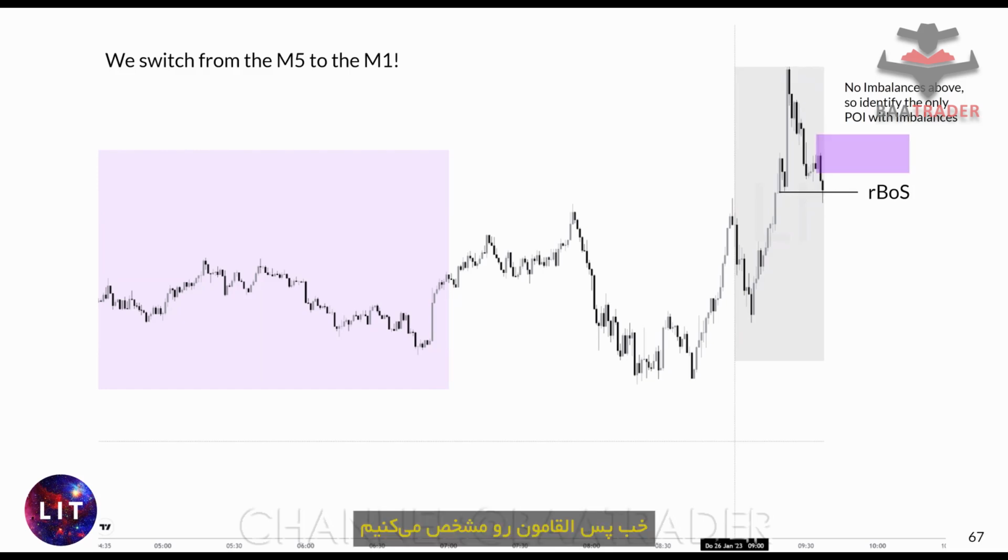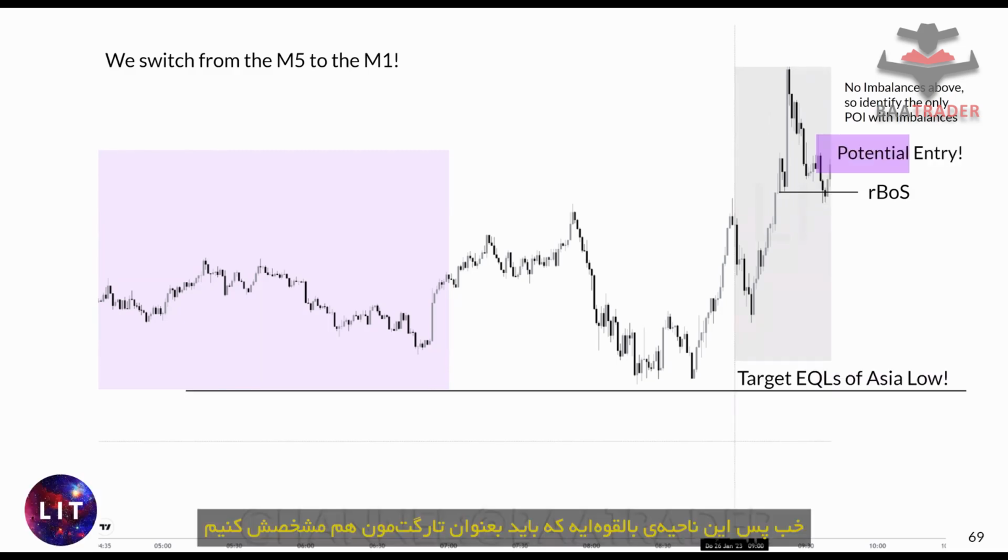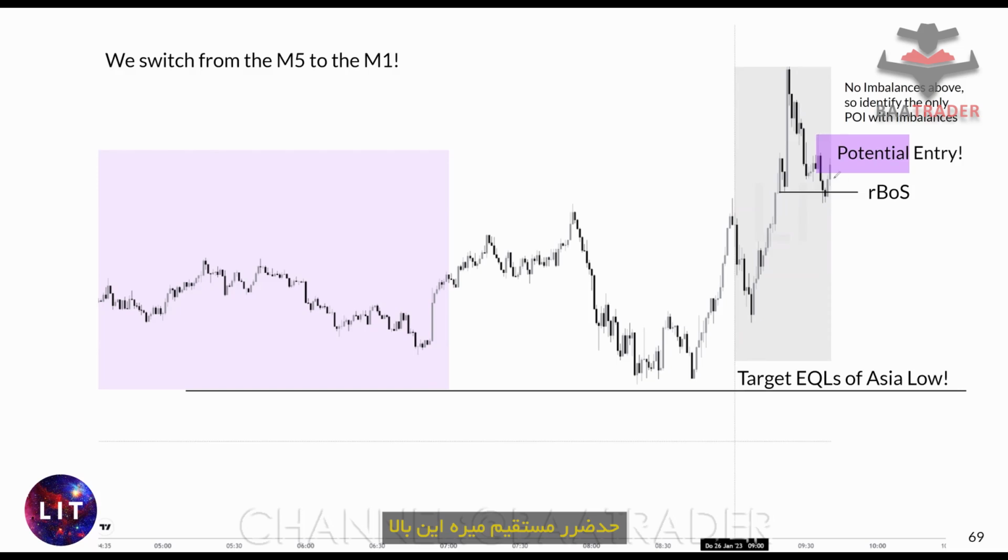Boom. So we're marking in our inducement, not a medium one, just a very clean signature scenario with London Open. With our imbalance after the break of structure, we mark it in. Boom. Here's the mitigation. So potential area, we just have to mark up our target as well. Stop goes right above here.